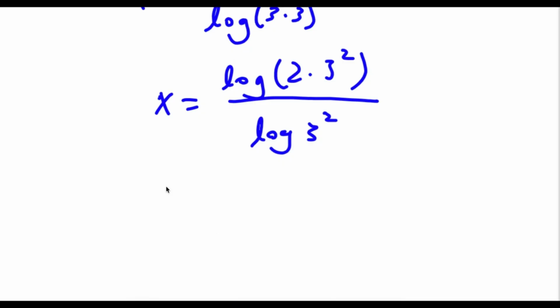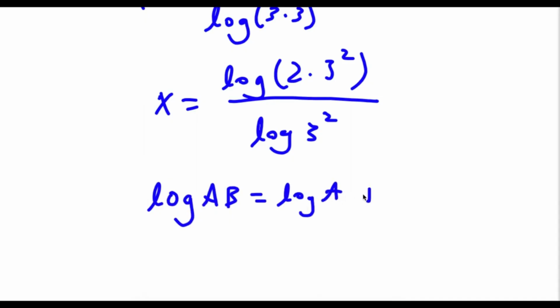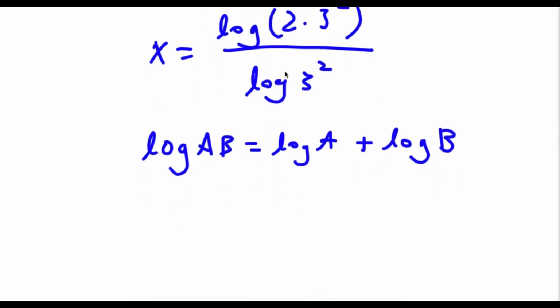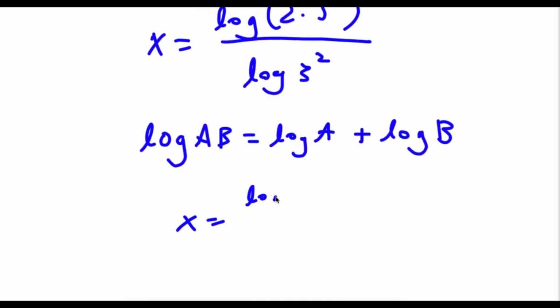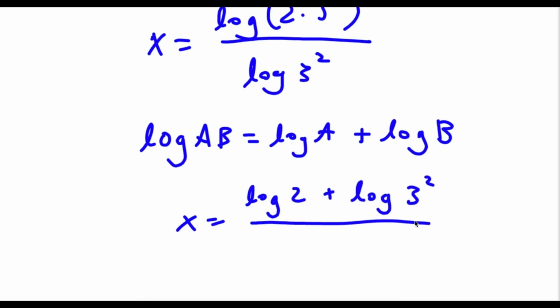Now, if I have something in the form log a times b, this is the same thing as log a plus log b. So in this case, I have log 2 times 3 squared, so this is going to equal log 2 plus log 3 squared, and I have this over log 3 squared.